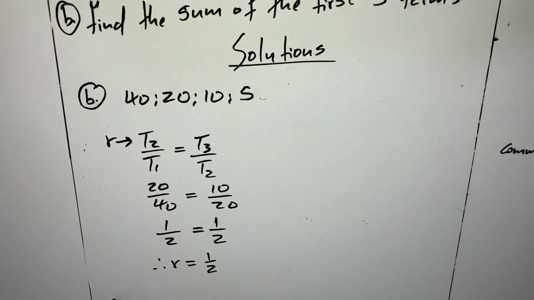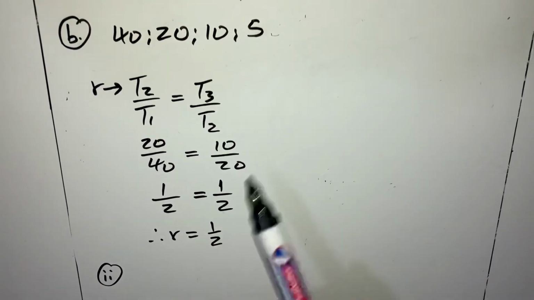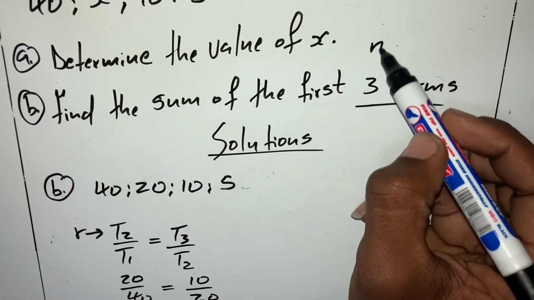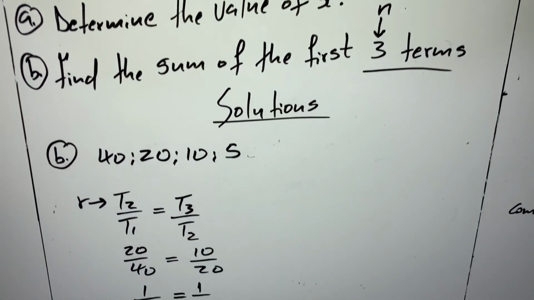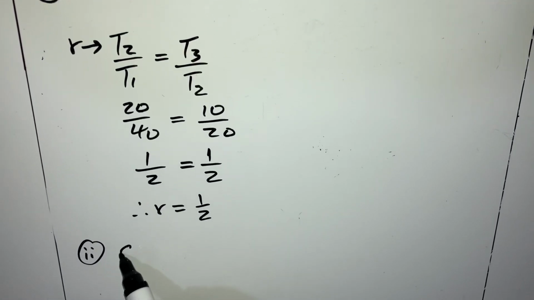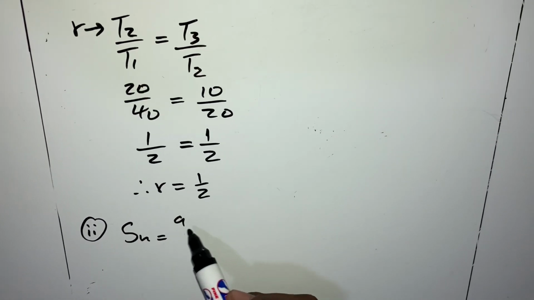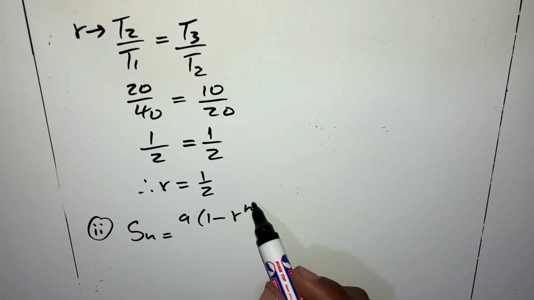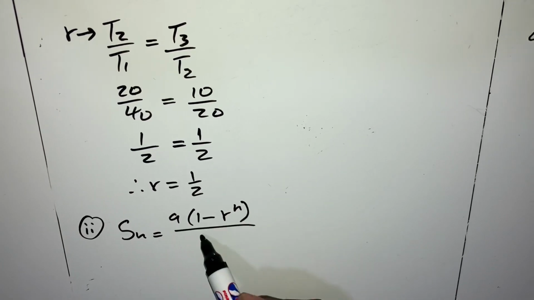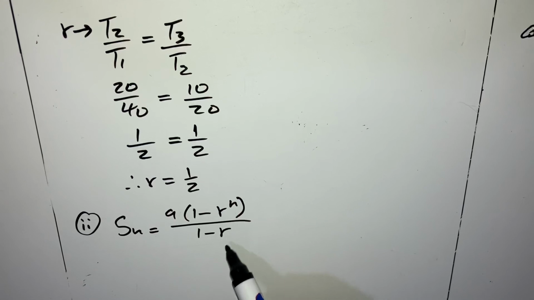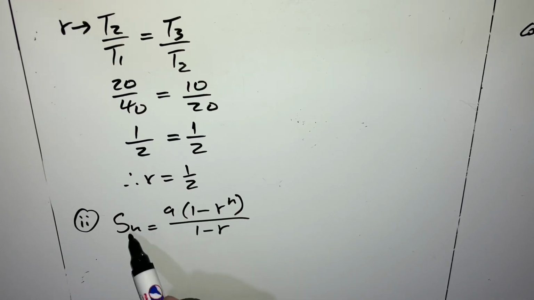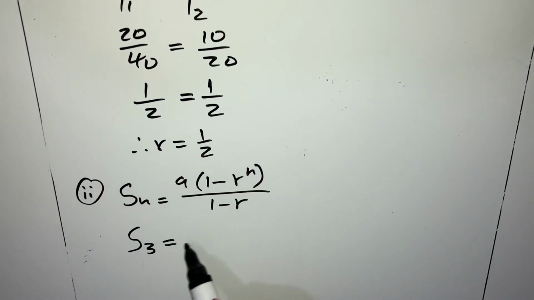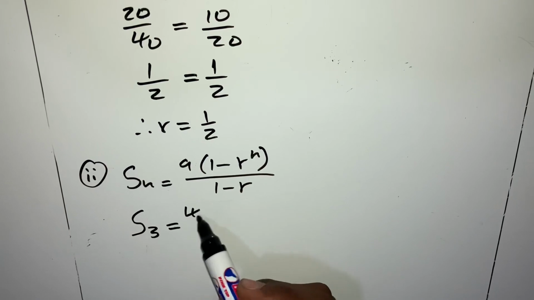So, for Roman figure 2, they said find the sum of the first 3 terms. This is our n. So, we go to our sum formula. Sn is a times 1 minus r to the n, all over 1 minus r. Then for the sum of the first 3 terms, my n is 3, my a is 40.